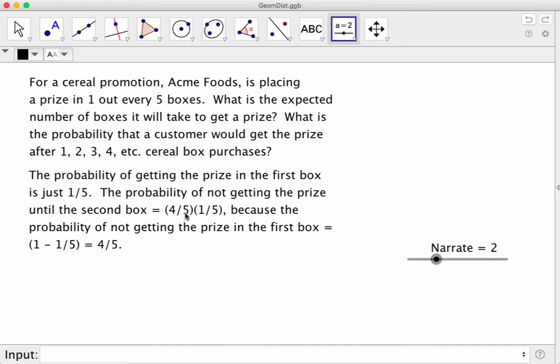So that's where the 4/5 comes from. And then we have to multiply that by 1/5, which would be the probability of getting it in the second box. So this would give us 4 over 25, which would give us 0.16 as our probability of getting that prize in exactly the second box that we purchase.